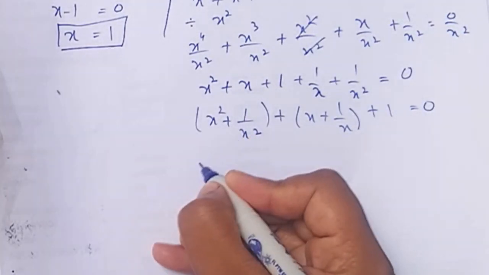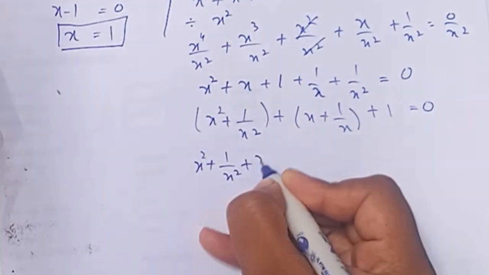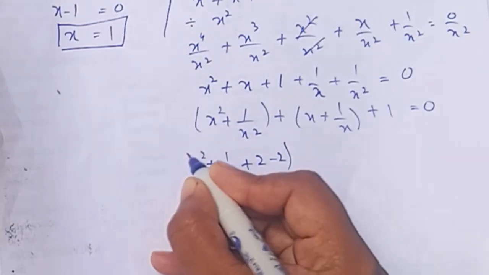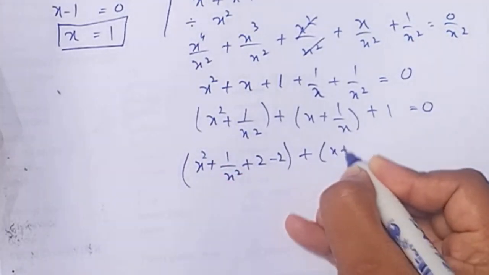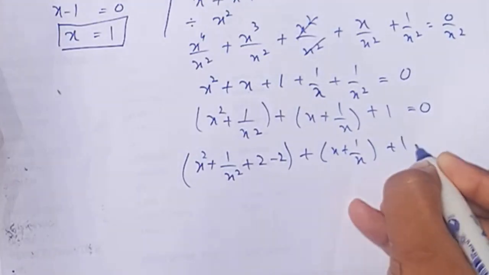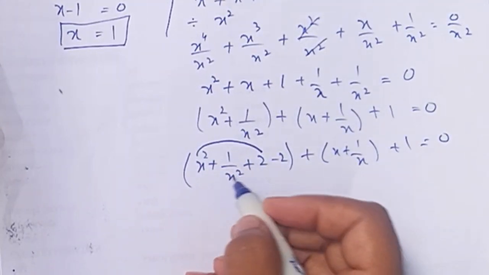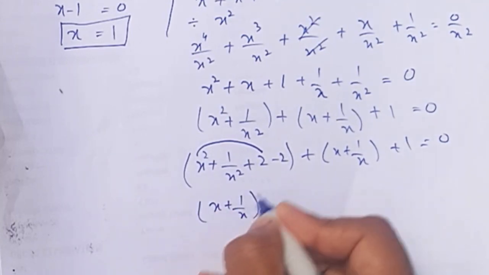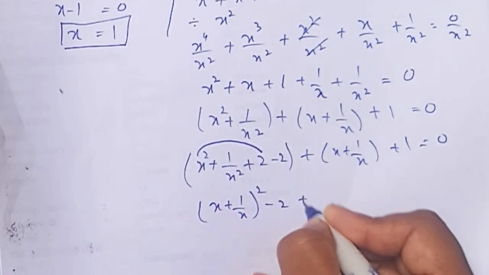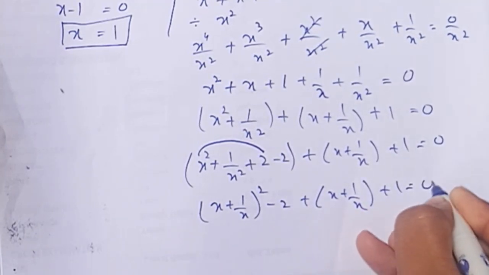So this is x square plus 1 over x square, add 2 and also subtract 2, and then we write x plus 1 over x plus 1 is equal to 0. Now look at this term. This becomes the formula of (x plus 1 over x) whole square, minus 2, plus x plus 1 over x plus 1 is equal to 0.